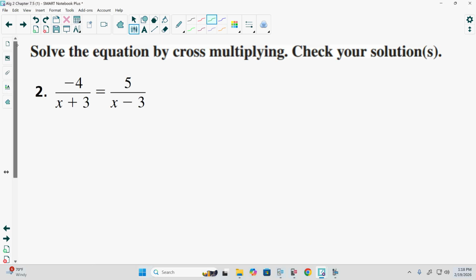So looking at this one here, restrictions. What can x not be? 3 and negative 3, because x plus 3, negative 3 plus 3 would be 0.